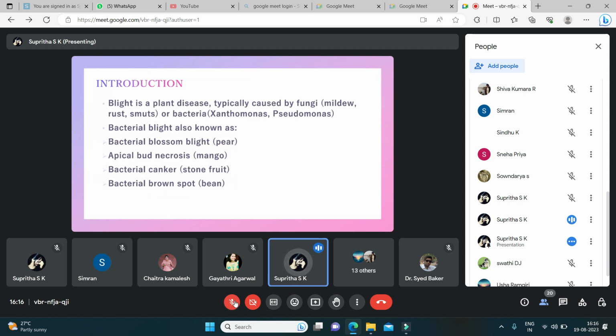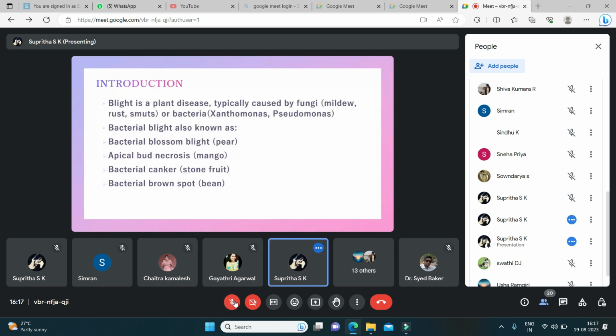This bacterial blight tends to occur under cool, moist conditions. Usually, it occurs on the shoots or other young growing tissues of the plant.